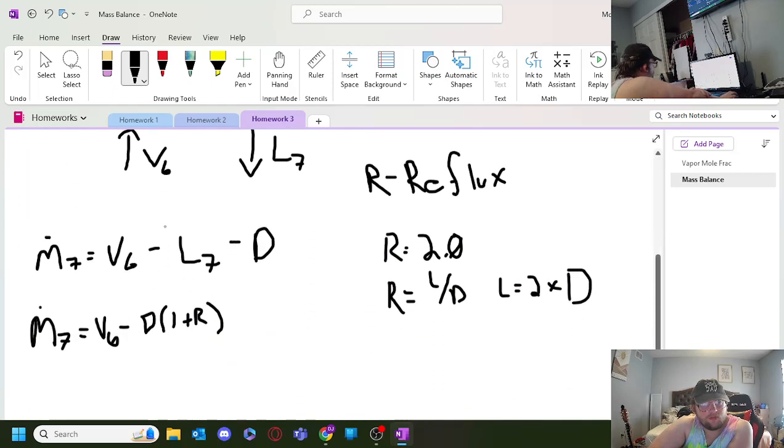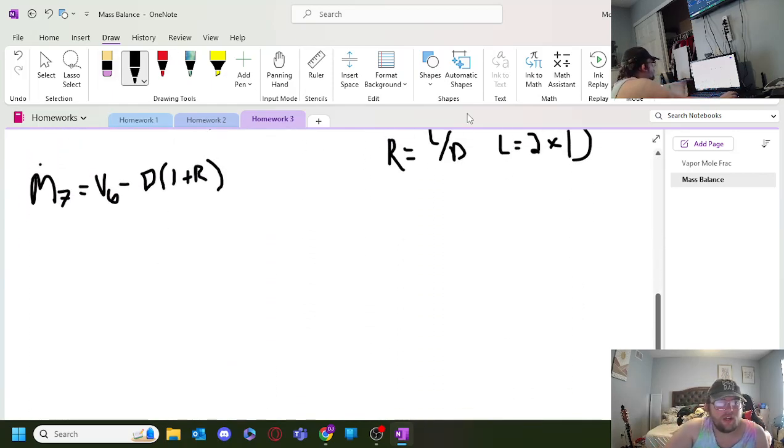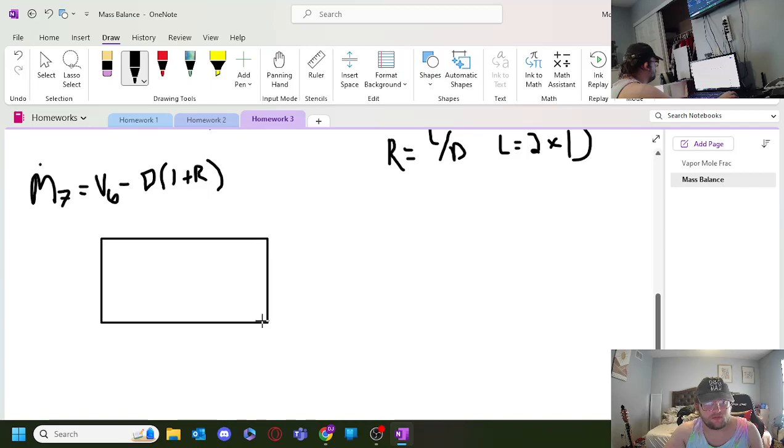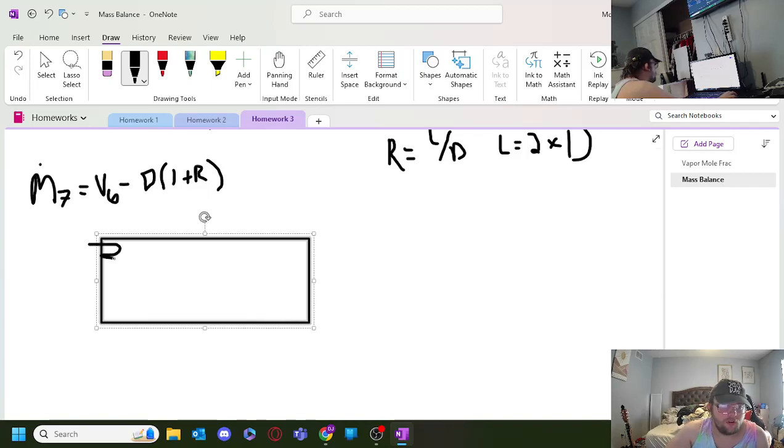So now, if we want to look at our next stage, let's look at the reboiler. So for our reboiler, we have liquids leaving in the form of our bottoms.